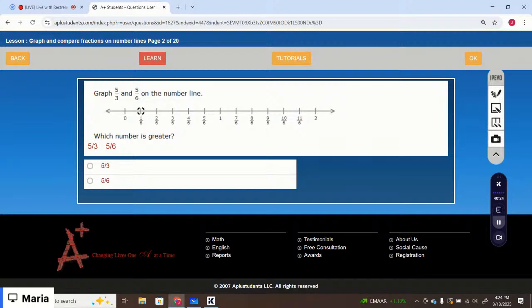The numerator is greater than the denominator, so the fraction is greater than 1. So that is 5/3.